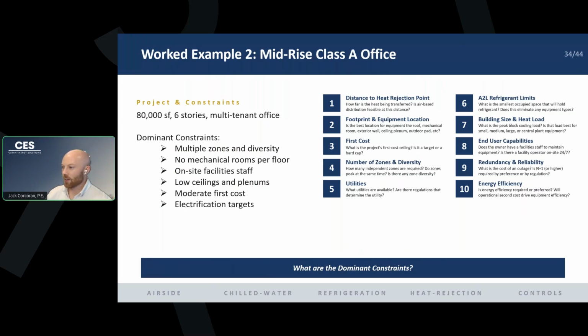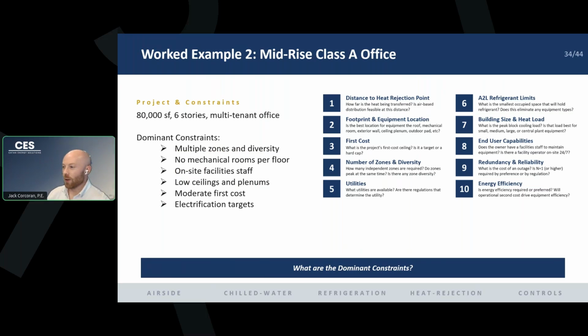Every tenant is going to have multiple offices and multiple spaces. They might have conference rooms, IT rooms, and a kitchen space. You want every office or every group of offices to have its own temperature controls. So if someone runs cold, they can change their temperature, and if someone runs warm, they can make it a little colder in there. So you're going to have multiple zones, and you're going to have diversity across them.